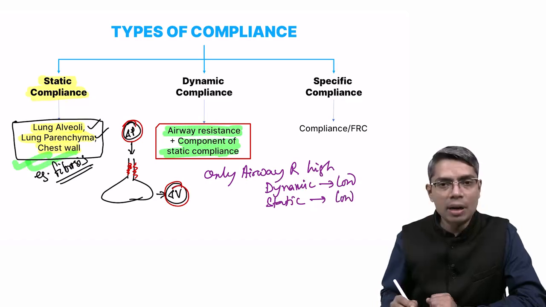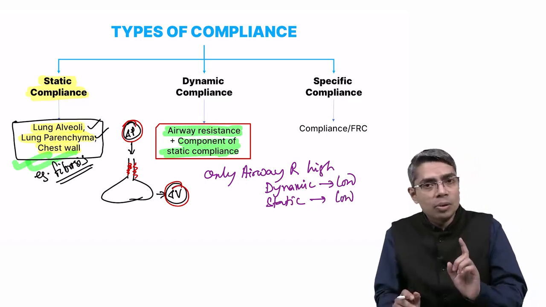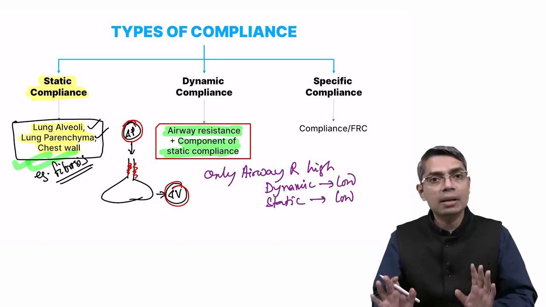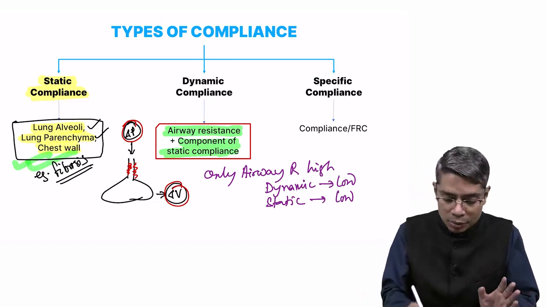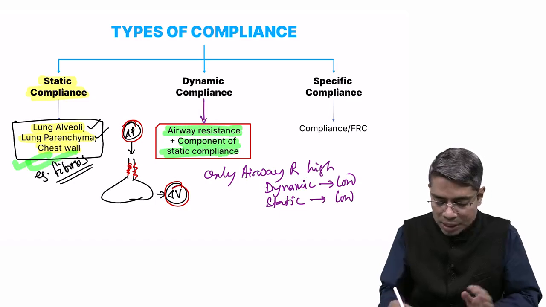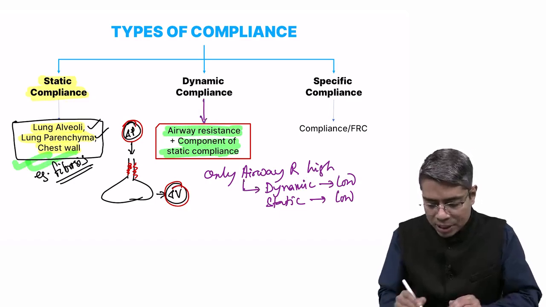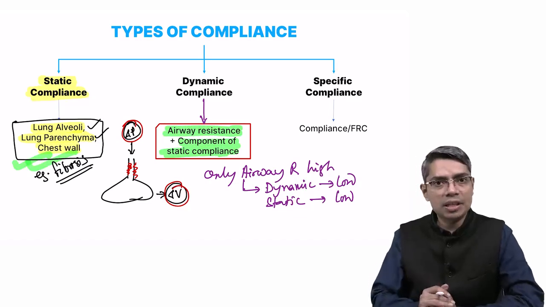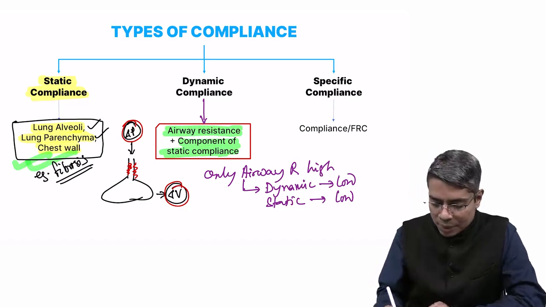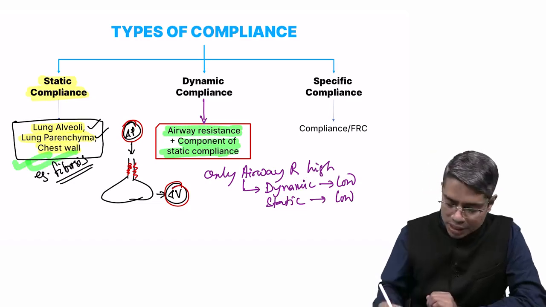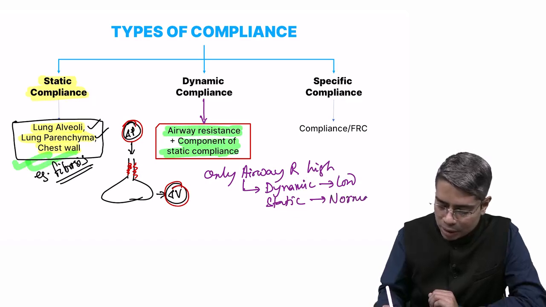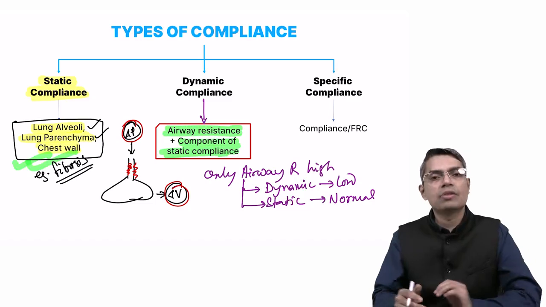Sorry, the static compliance will remain normal, because there is no problem with the component of the static compliance; only the airway resistance is high, and dynamic compliance is the one that considers airway resistance.